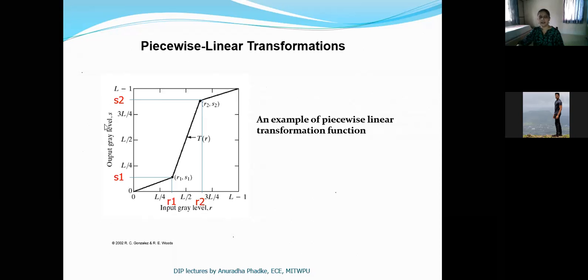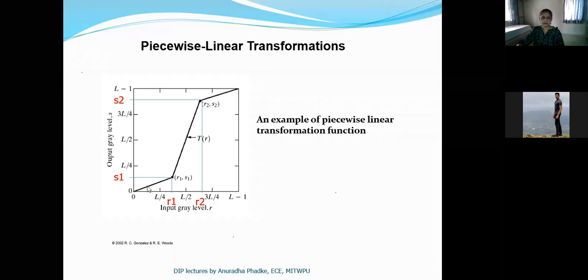If your original gray value R is, say, L by 4, that is, if the original gray value is less than R1, we can use the first line segment or equation of line for this segment to determine the new gray value.